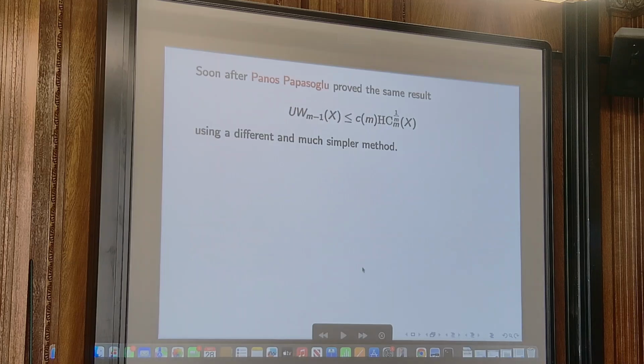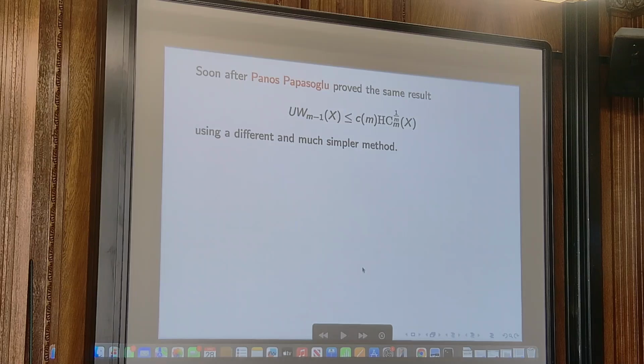Now, soon after Evgeny, Boris, Leshak, me, and Rina proved this theorem, Panos Papasoglu reproved the same result, that the Urysohn (m-1)-dimensional width is less than or equal to C(m) times HC_{m-1} to the power 1 over m, using a different and much simpler method.